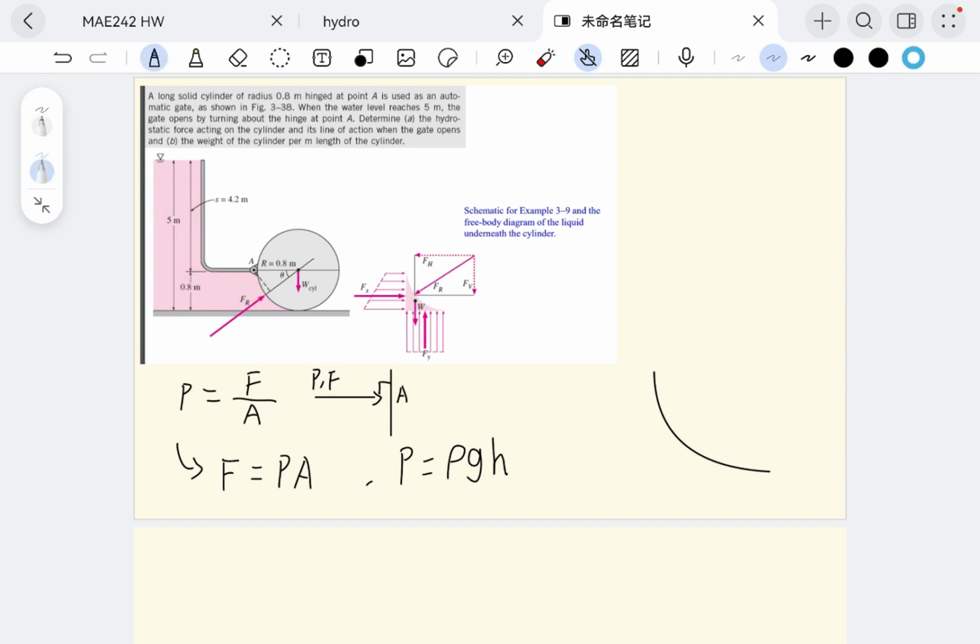For this gate, we have infinite numbers of pressures at different magnitude acting on the gate. Also different directions. We could use an integral to calculate that, but also we could split them into two directions.